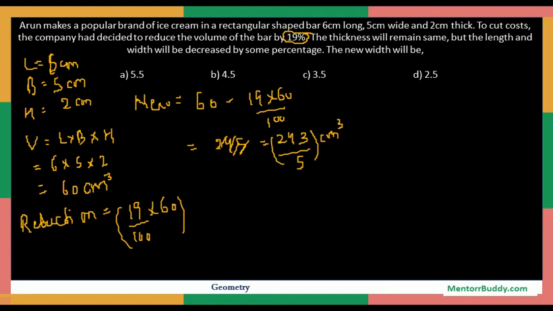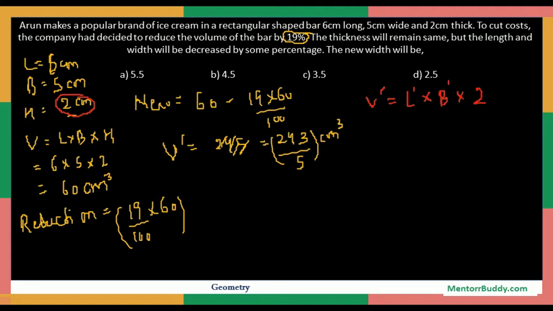Now let's say the new volume is denoted by V dash. The original volume was V and the new volume is V dash. Further it says that the thickness will remain same, implies this height is going to be same. So the new volume V dash will be equals to new length L dash, into new breadth B dash, into height, which was same, that was 2.